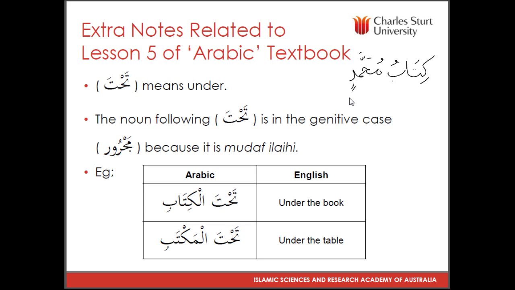Why is it tanween? Tanween is because we said last week, remember, proper Arabic masculine names have tanween. If it were only Kitabu Muhammad, then maybe it would be just kasra. Speaking, you can say Kitab Muhammad.